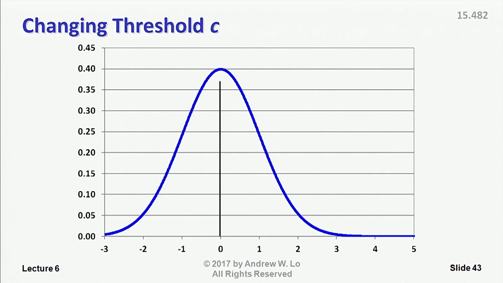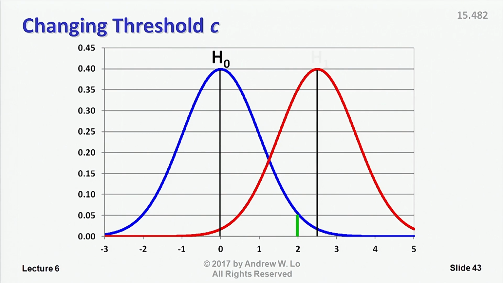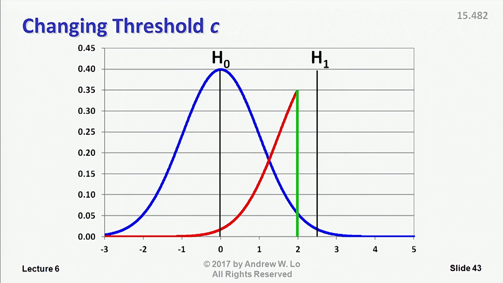So here's the old null hypothesis with the same unit standard deviation and the 1.96. And here's the alternative hypothesis that looks like this. The idea behind changing the threshold of type 1 error is simply, instead of using C of 2.5%, what if we change that? So here's the old case where we have the trade-off between type 1 and type 2 error.